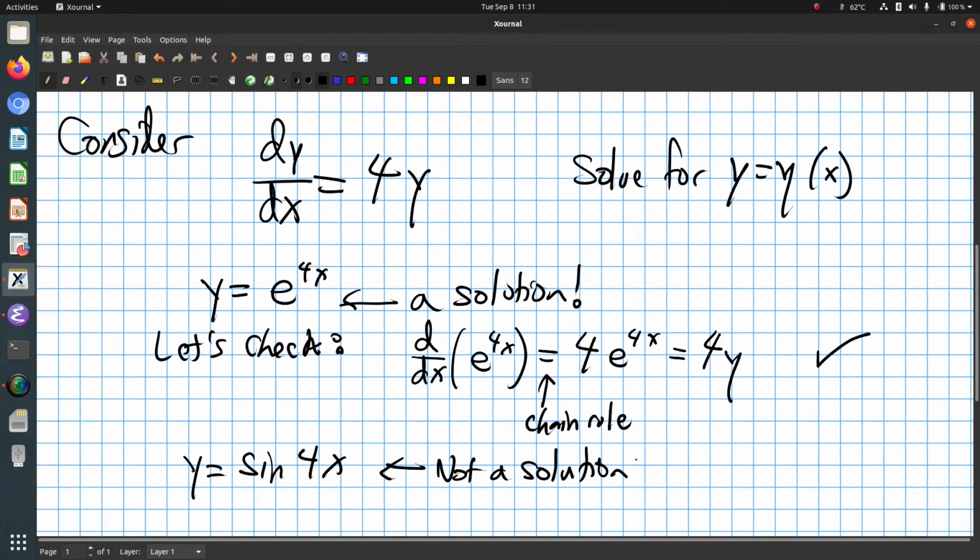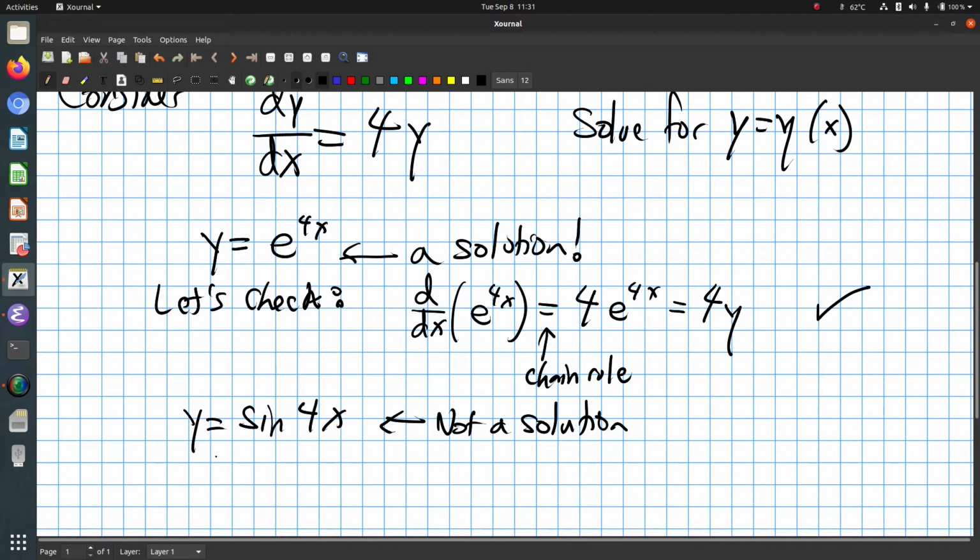And this is easy enough to check, because if you take the derivative, again, the chain rule says this should be 4 cosine of 4x, and that is not equal to 4 sine of 4x, which is 4y. So, okay, differential equations can have solutions. Here's a differential equation with its solution. In fact, let me give you another solution to this differential equation.